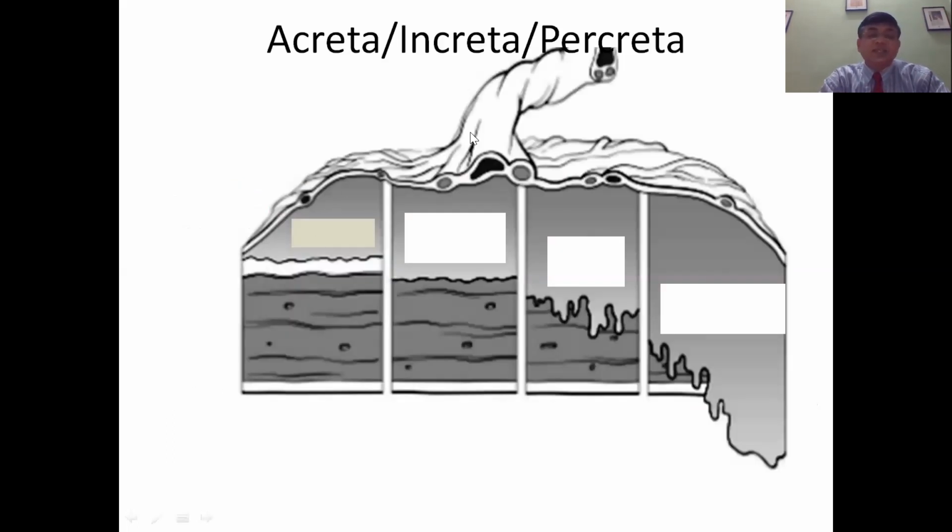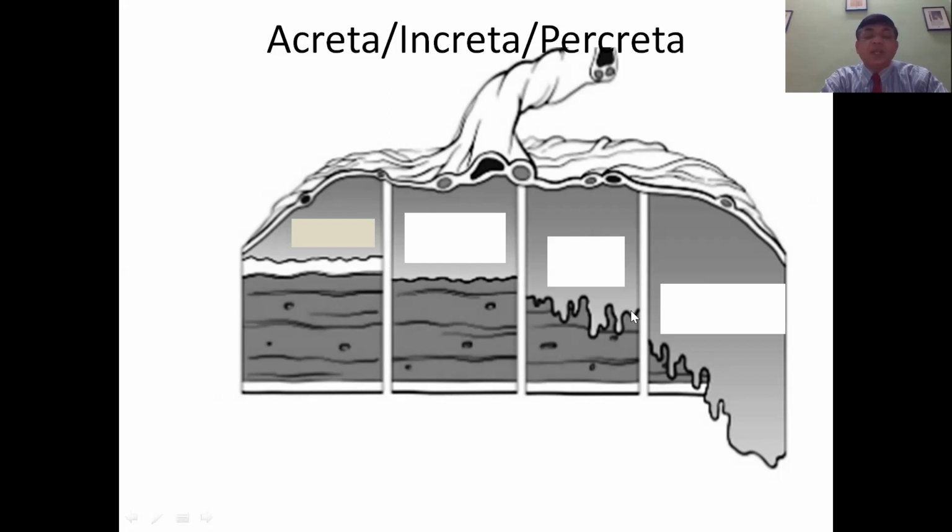Let's see what is meant by accreta, increta, and percreta. This white line is called Nitabuch's layer, as we have just seen. That's the layer where the placental separation takes place. But if this Nitabuch's layer is absent, we call that placenta accreta.